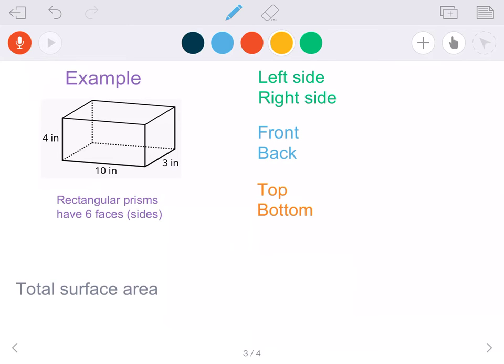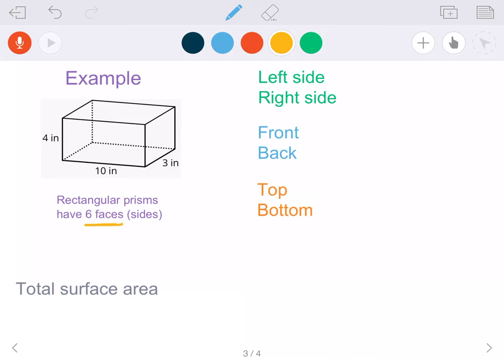When we are breaking this apart and trying to find the surface area, literally that means the area of the surfaces. When we break a rectangular prism apart, you end up having 6 faces, which really just means 6 sides.